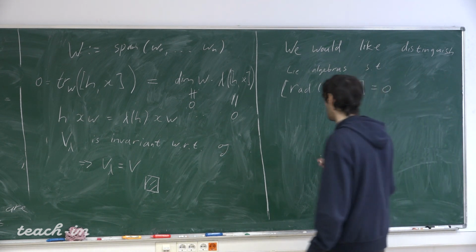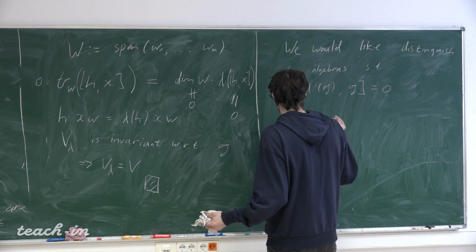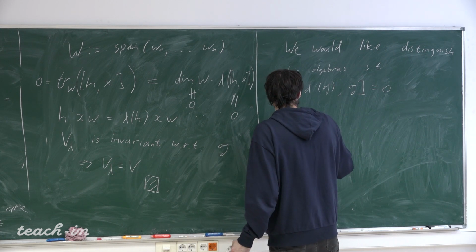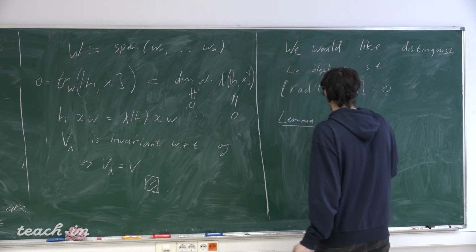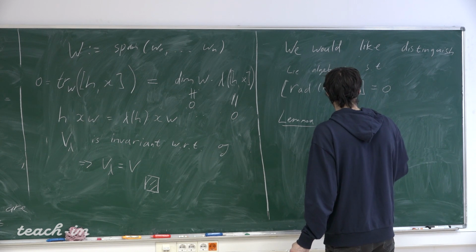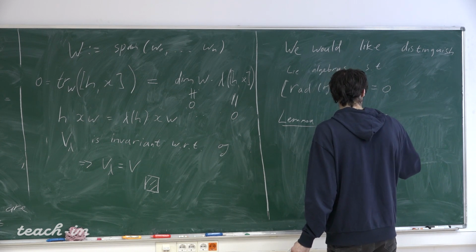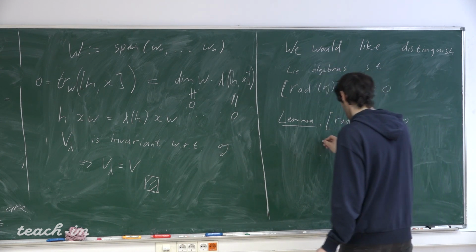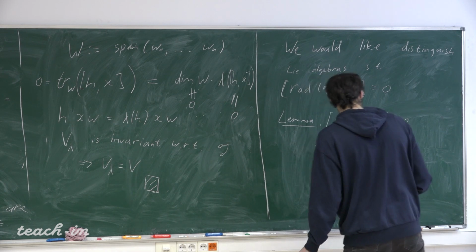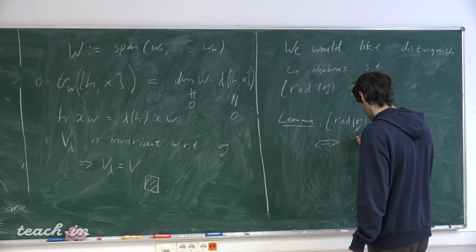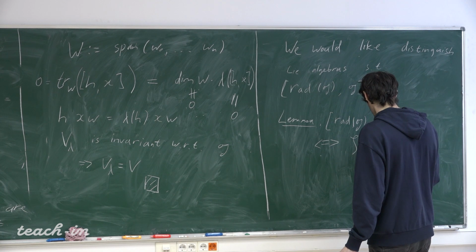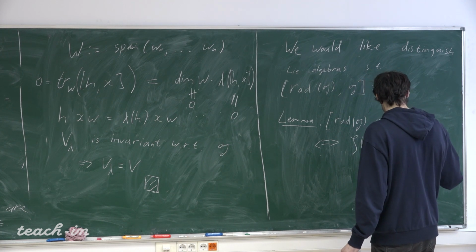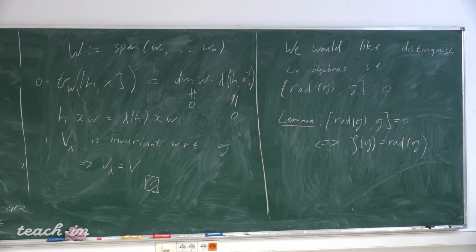Right, so maybe let us formulate this as a lemma. Kind of obvious, but the commutant of radical G with G is 0 if and only if the center of G coincides with the radical of G. Okay, does everybody remember what is the center of a Lie algebra?